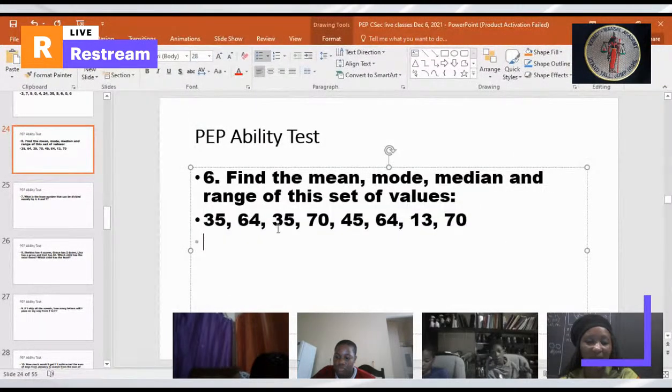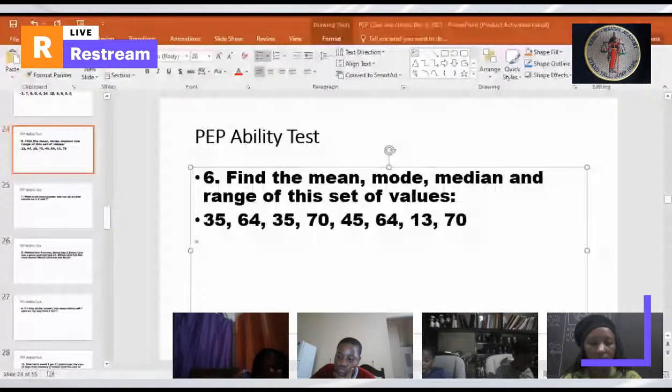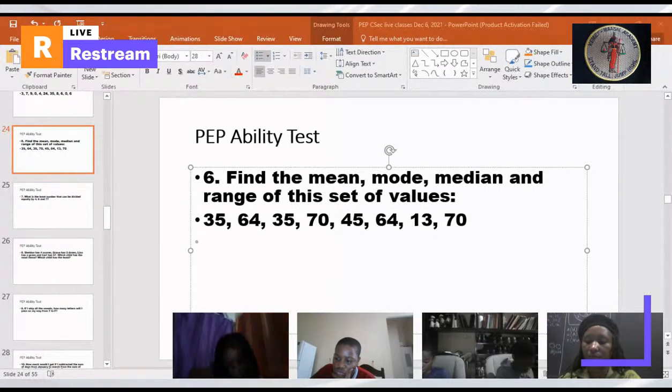All right. So again, mean, mode, median, and range. It's only 8 numbers. So we add them up.